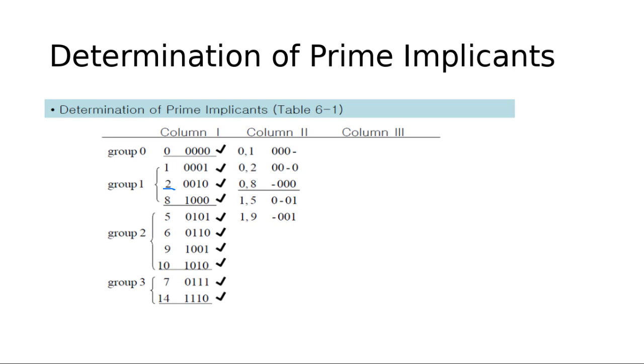When we see 5, there is a 3 change, right? 0, 0, 1, 0, 1. 2 and 6, there is only 1 change. It means 2 and 6 dash 1, 0, right? There is only 1 bit change.